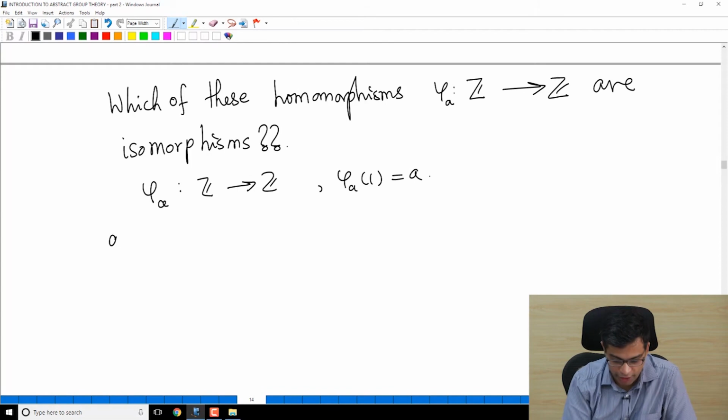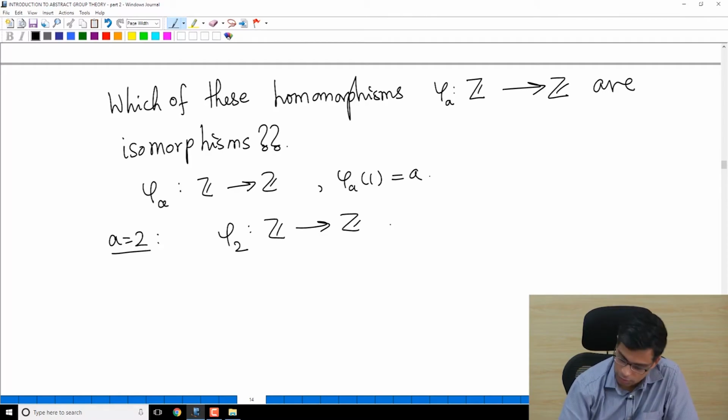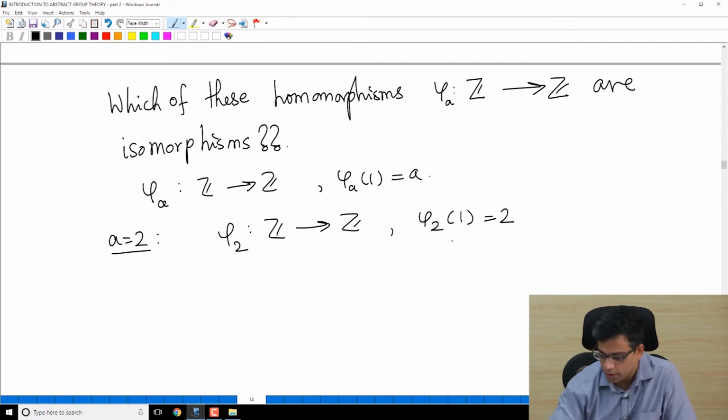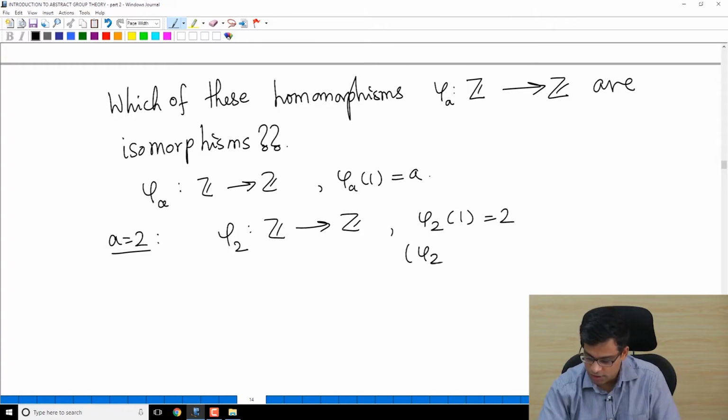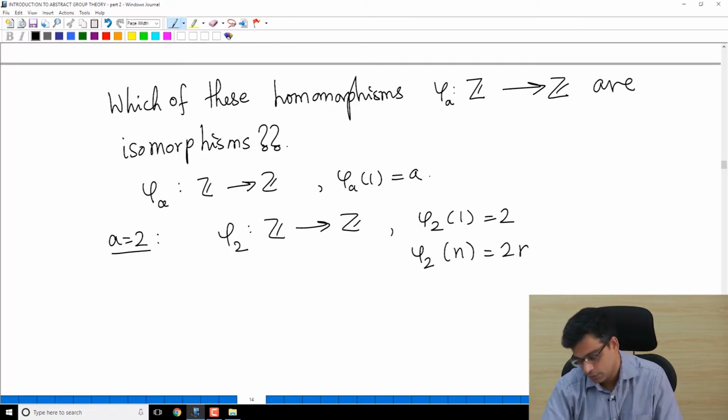So for example, if you take A to be 2, what is phi 2 from Z to Z? It sends 1 to 2 and so on, right? I will write it for clarity for you. Where does it send 2 to? It will send it to 4 because phi of 2 must be phi of 1 plus phi of 1 and so on. So phi of n in general is simply 2n.